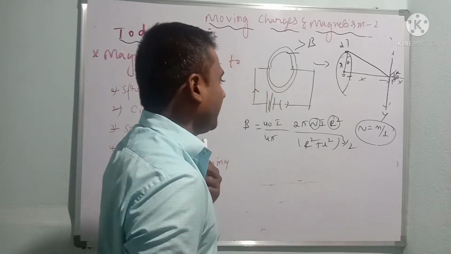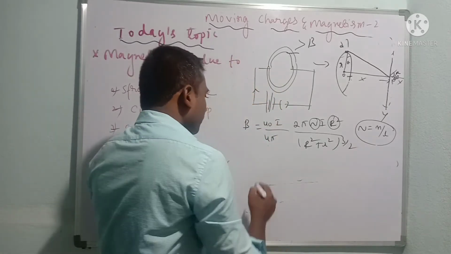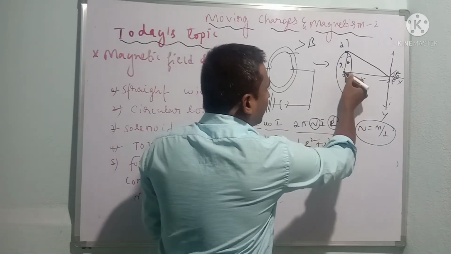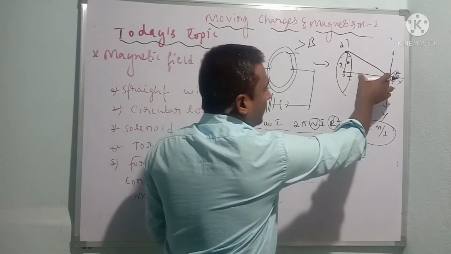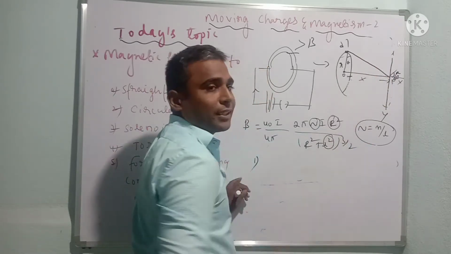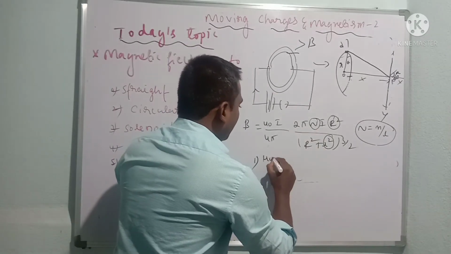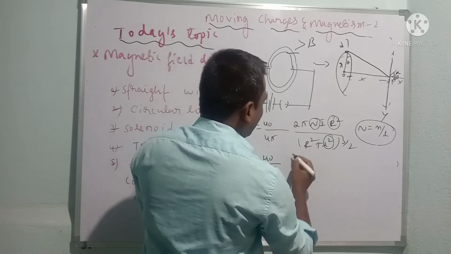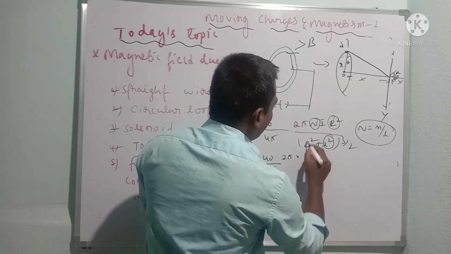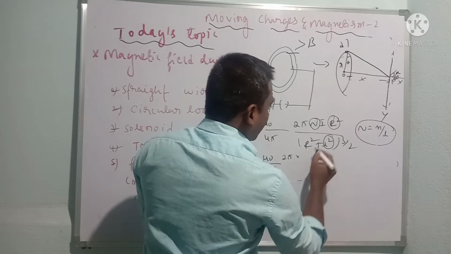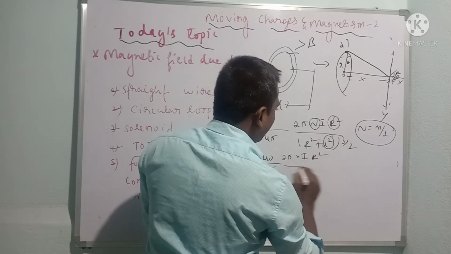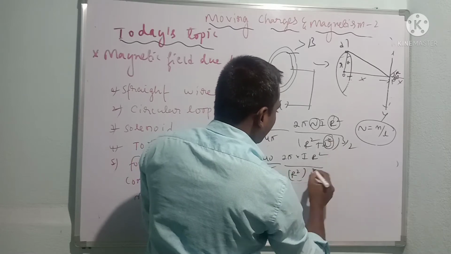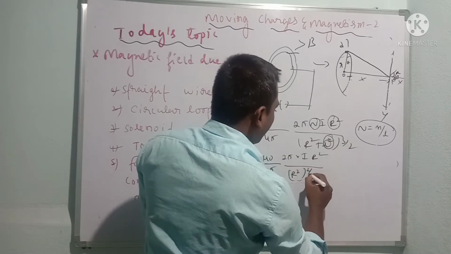Here we will find two cases, children. The first case is very simple: for the magnetic field at the center of the circular loop, the distance x is neglected. So it becomes mu naught by 4 pi times 2 pi, taking a single wire, I r square, and the x term is neglected, so it becomes r square to the power of 3 by 2.